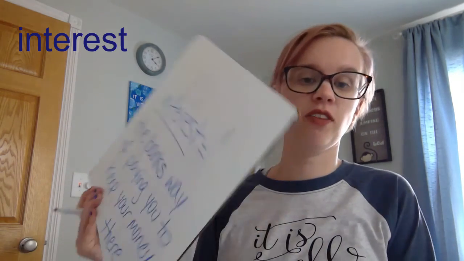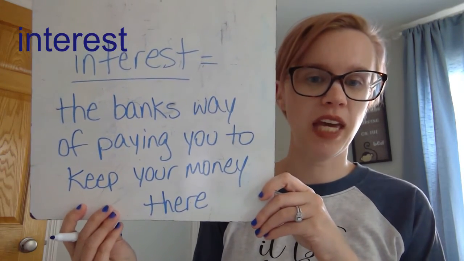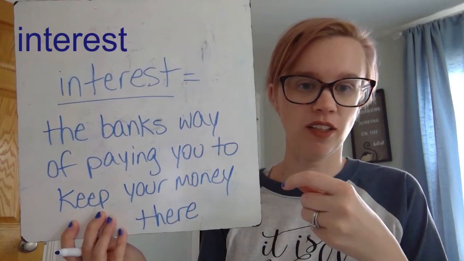So if somebody wants to keep their money in a savings account, they could make interest. And this is the bank's way of paying you to keep your money there. So it's kind of a way for you to make a little bit of money.